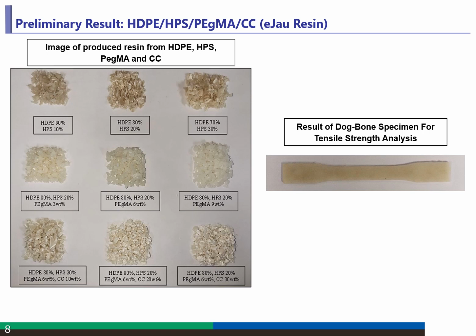The optimum formulation that has been shown is HDPE 80%, HPS 20%, PEGMA 6%, and calcium carbonate 20%. The second one shows the result of dog bone specimens for the tensile strength analysis that have been produced from the hot press methodology.